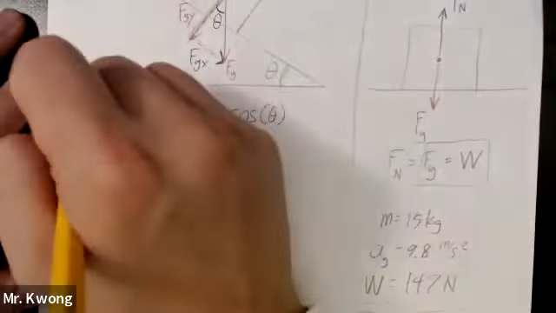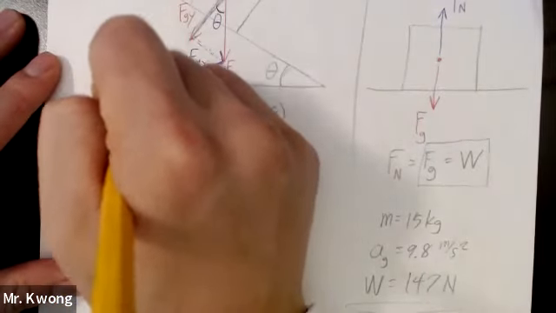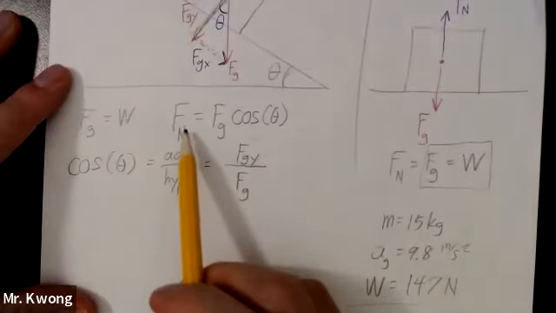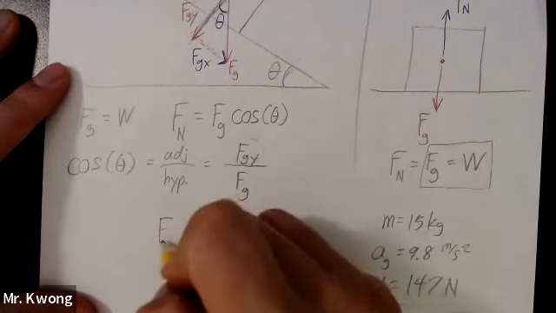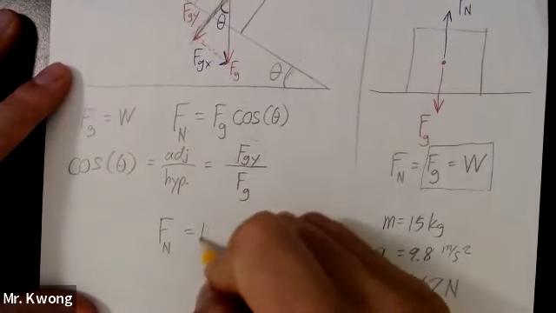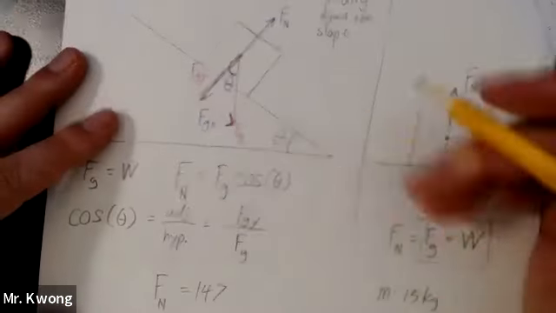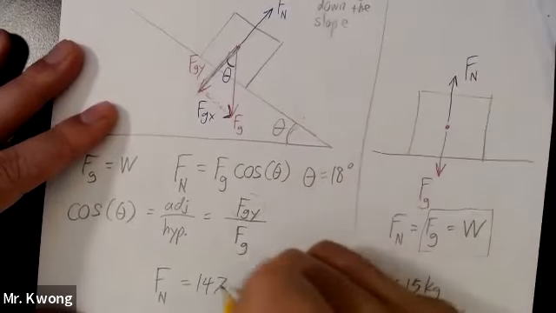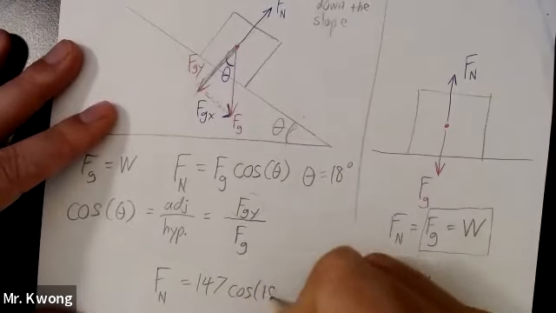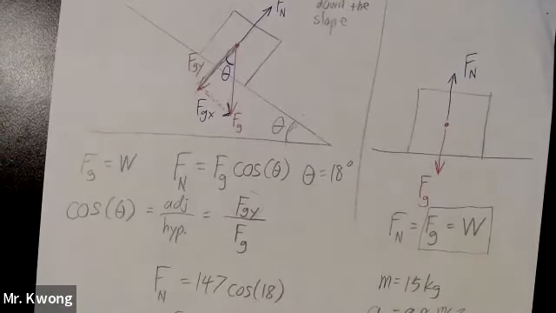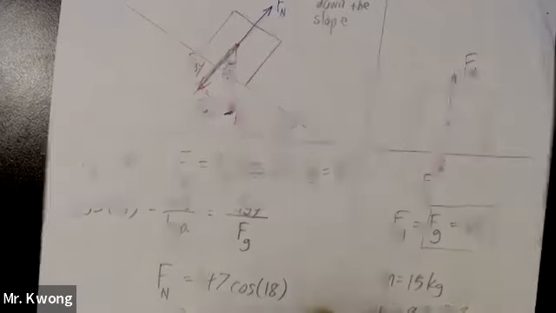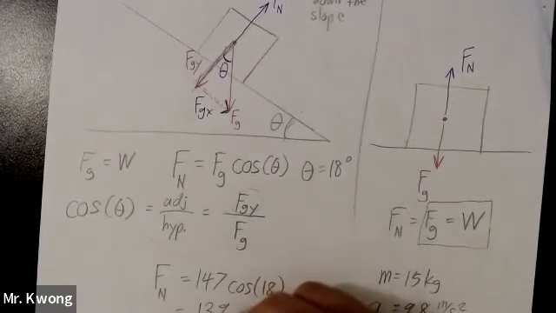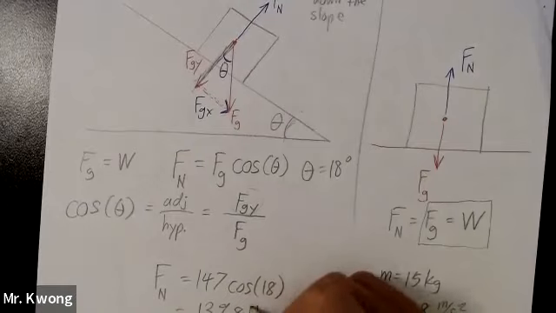So this weight is 147 newtons, and the force of gravity still equals the weight. If we were to calculate the normal force here with these proposed values of 147, and let's say the angle is 18 degrees, 147 cosine of 18 degrees, you're going to get 139.8 newtons.